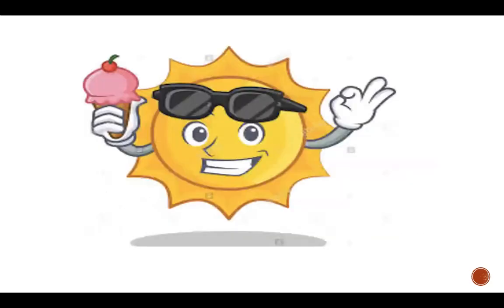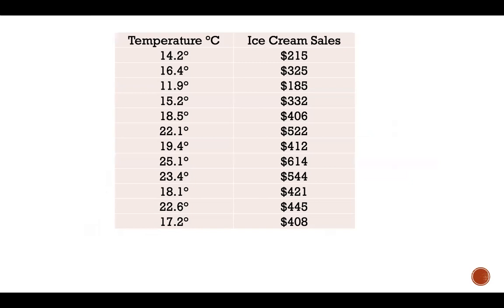Let's see a very simple example to understand scatter plots and the correlation coefficient. Suppose there's a sunny day and temperature is rising over time, and we are plotting sales of ice cream associated with different temperature values. In the first column you can see temperature in degrees Celsius, and ice cream sales are shown in the second column.